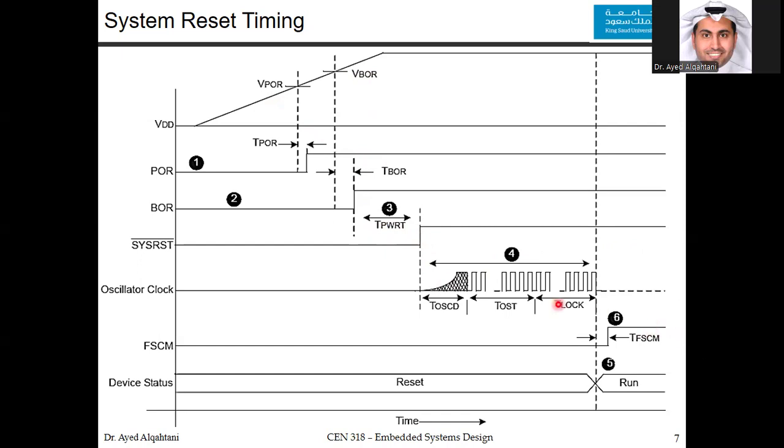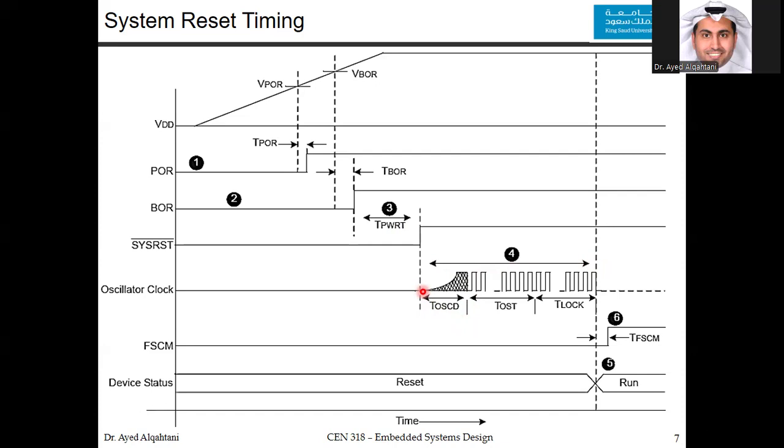Now, for number 4 here, you need to start the oscillator. So this time, when the oscillator starts to supply its source, last time we talked about the oscillator sources, and we said that there are so many of them.